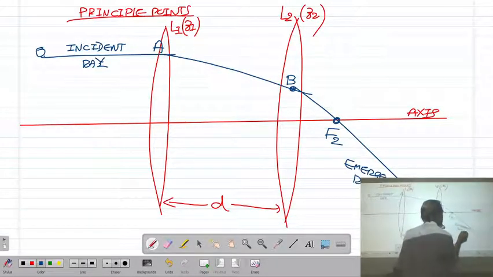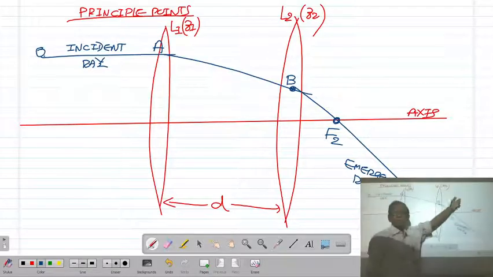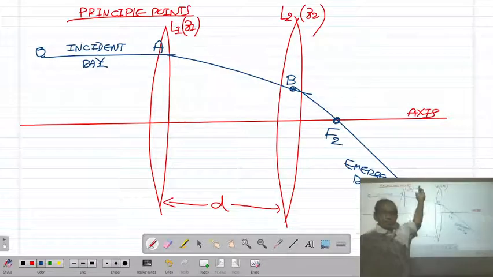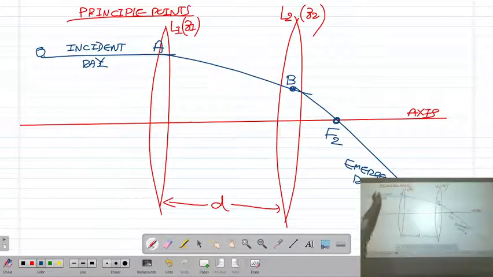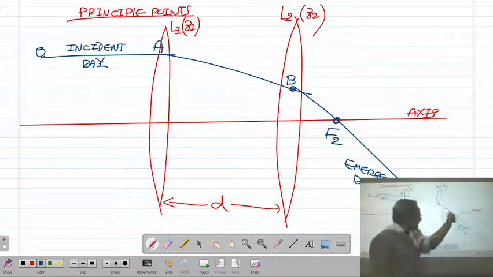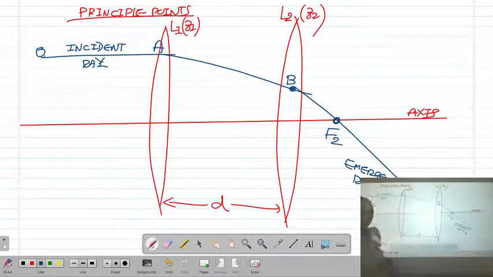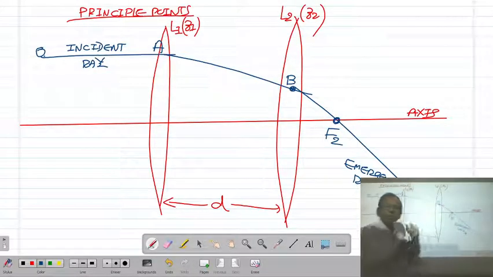A ray of light OA traveling parallel to the axis is incident on the lens system, and after refraction it will pass through the second focal point, because whenever a parallel ray of light is incident on the lens system, after refraction it will always pass through the focal point.